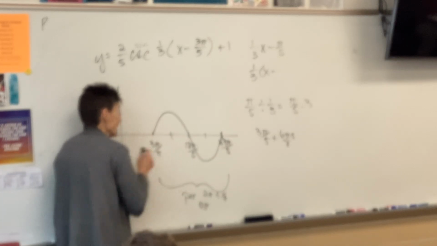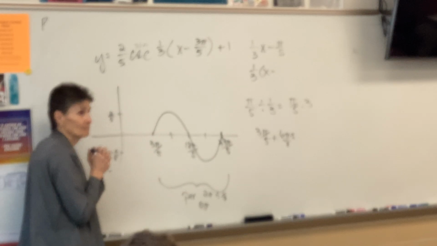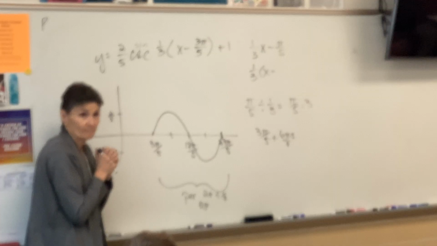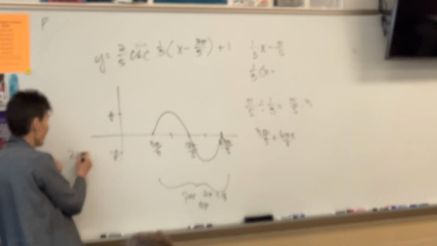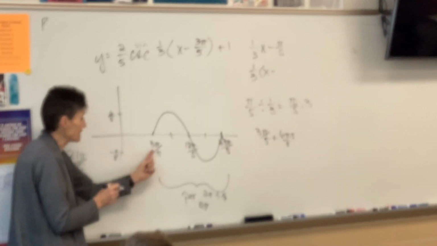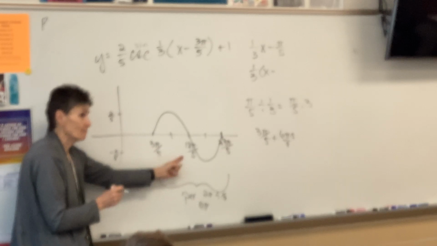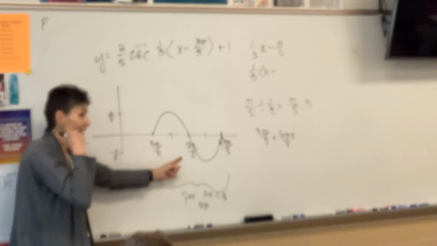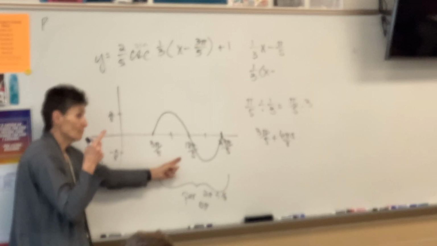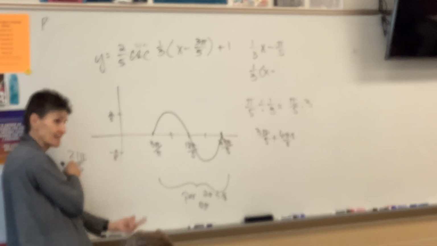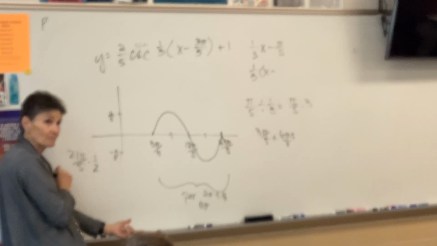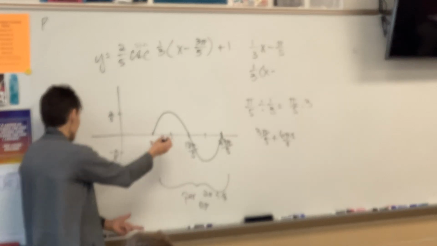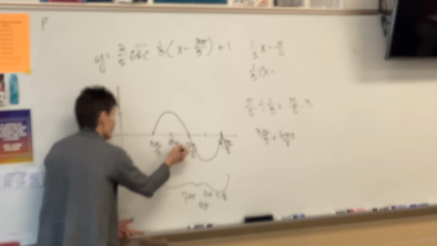Now, 3 and 18 make 21. Oh shoot, it's not even. So 21 pi over 5 is what I get when I add these two together. Now, dividing by 2 won't work because that's not even. So I'm going to have to multiply it by 1/2. So this is 21 pi over 10.